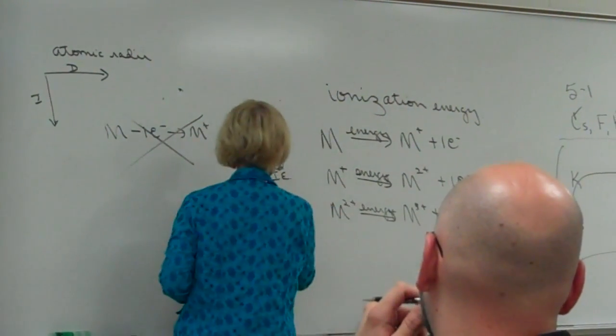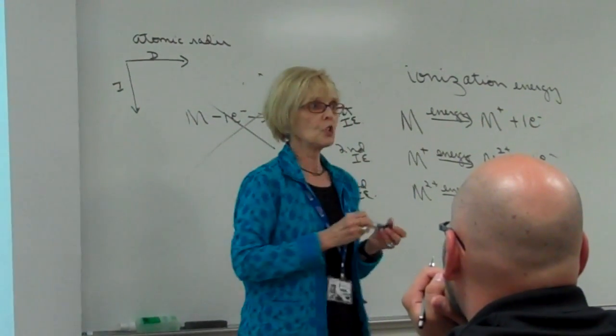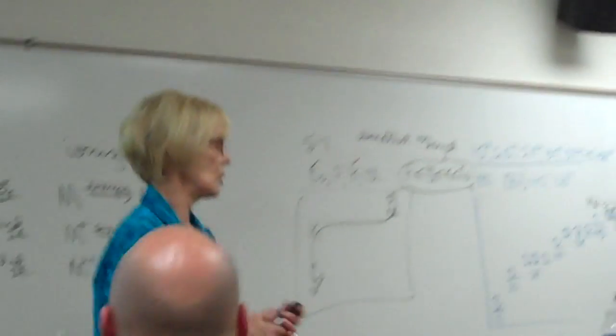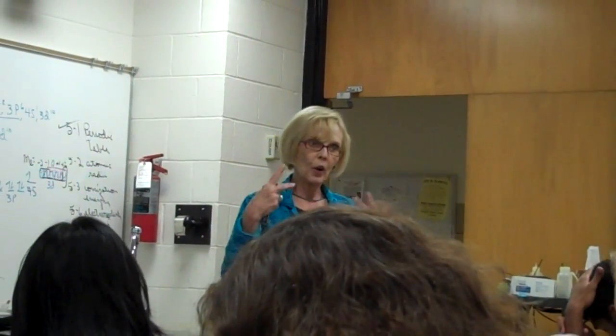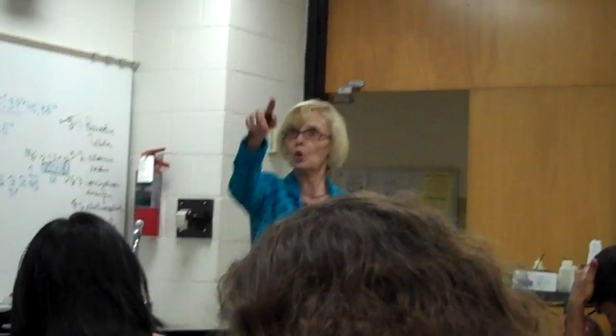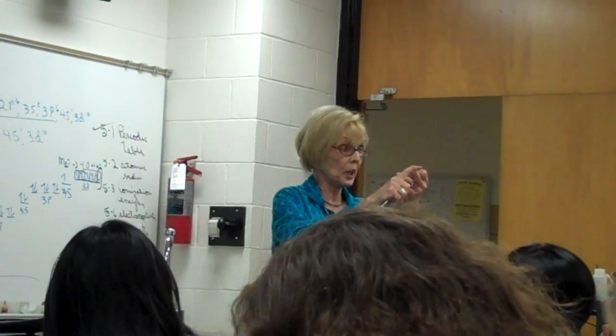Okay, so we have first, second, and third ionization energy, and we go no higher than that. Do you recall back at the very first of the semester, we talked about what cations form and who does it? And we look up there, and I said +1, +2, +3.